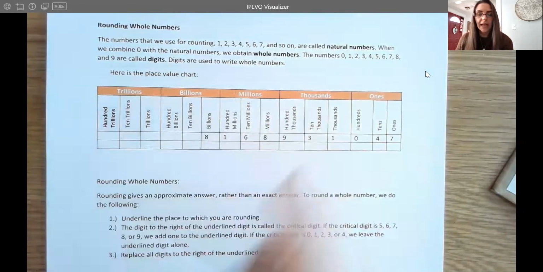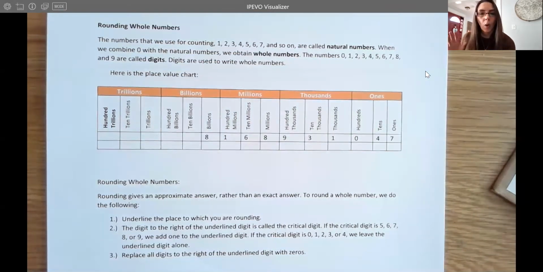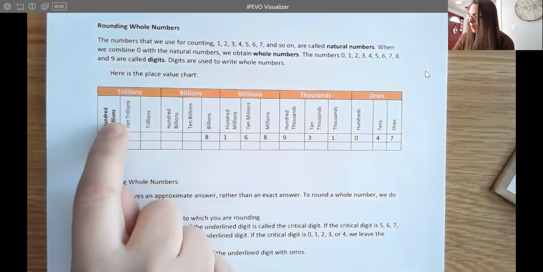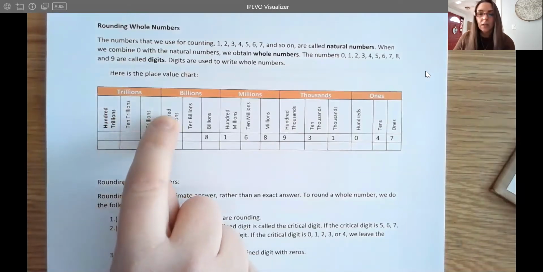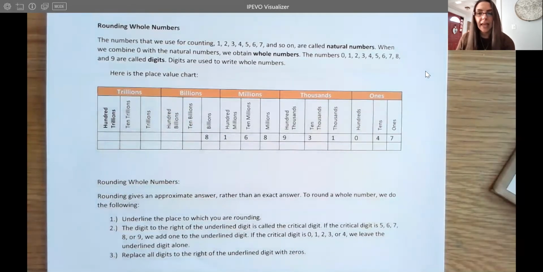Each of those digits has its own place value. Notice that when we're talking about whole numbers, not the decimal side, all of our words usually end in NS or DS. We don't end in a TH. When you end in a TH, like hundredths, that refers to the decimals. If I say hundreds, then I'm talking about the whole number side.